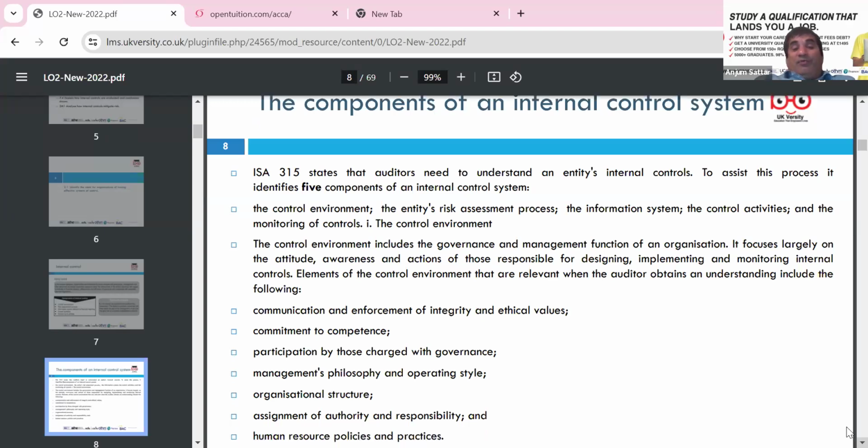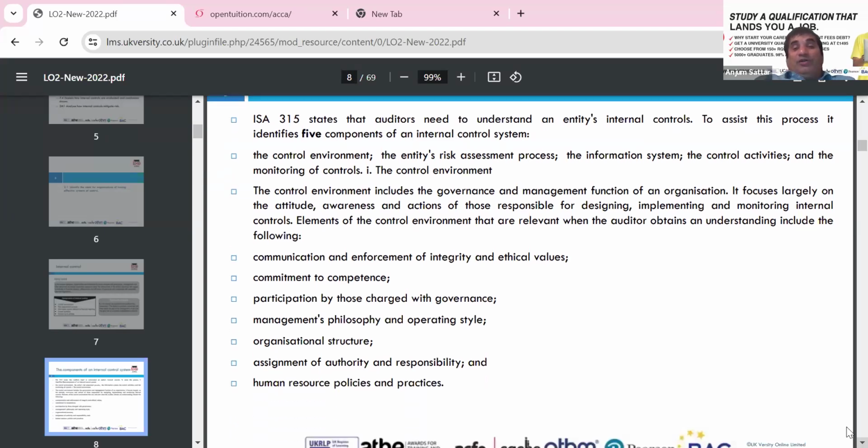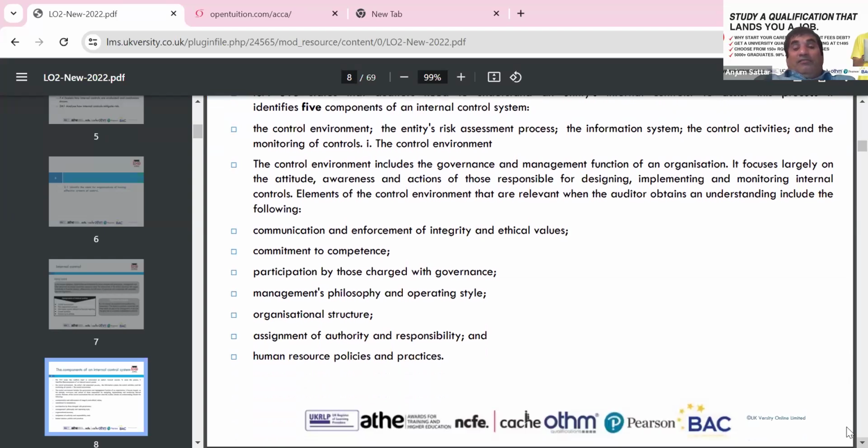We have 5 professional codes of ethics, which we will look at in detail. If you're a member of ACCA or any other awarding body, we're supposed to follow those. Ethical values, commitment to competencies. Competencies, capabilities mean what you're supposed to do. You have the ability to do, but with competency you can do it without any errors. You can do it efficiently.